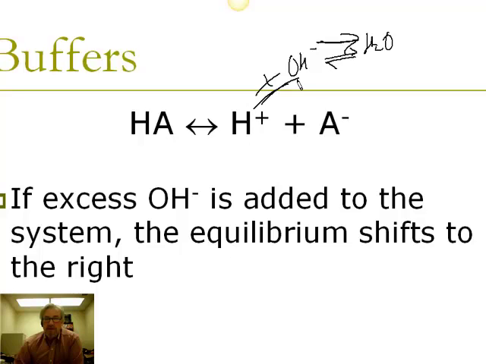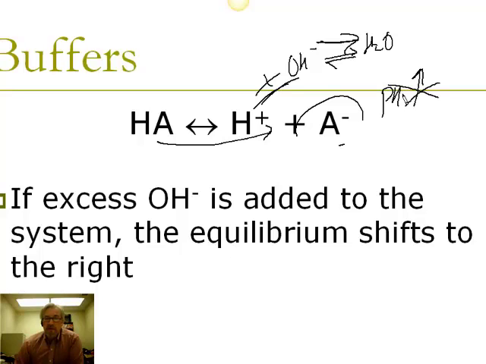The HA will respond by shifting to the right. This system will shift to the right and use up HA, producing H+ to make up for the lost H+, and also producing some A-. But the pH, which would normally take off, is now buffered. So by shifting to the right, it minimizes the increase in pH that would happen if you add a strong base.